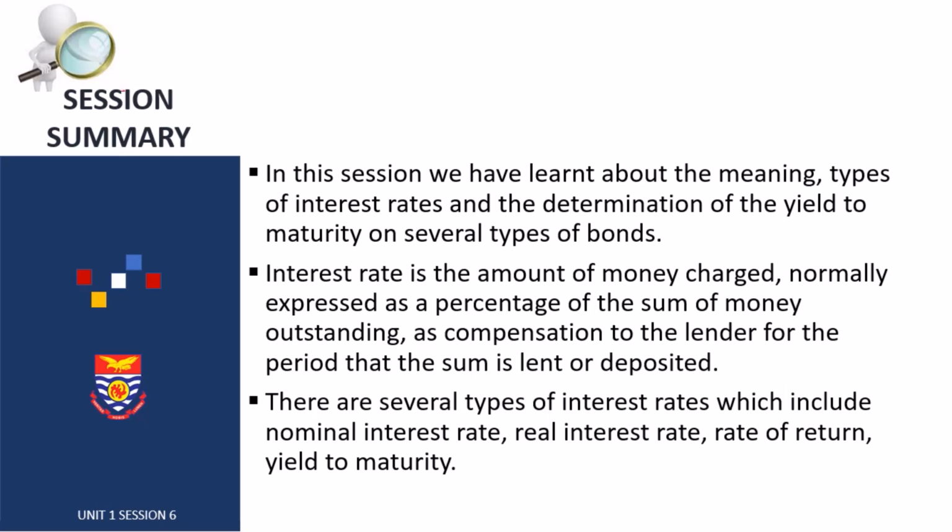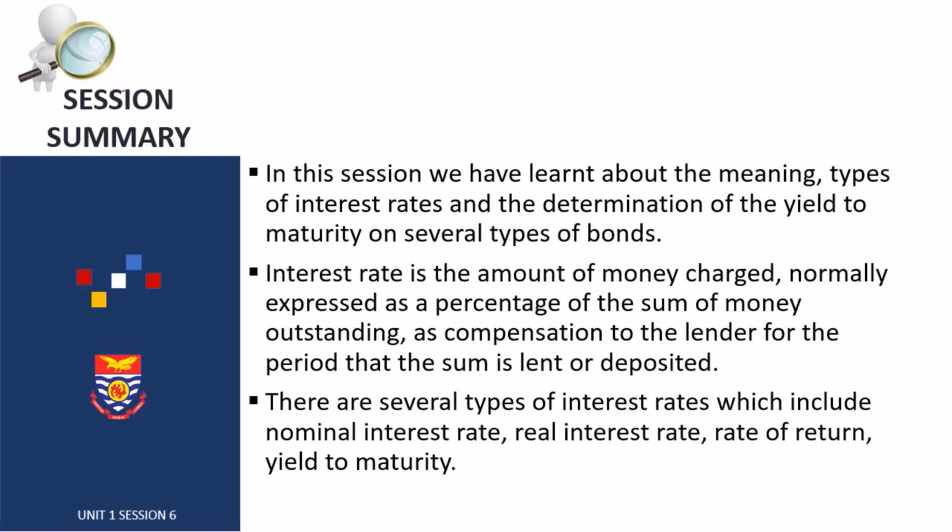All too soon, we've come to the end of session 6 of unit 1. In this session, we've learned about the meaning and types of interest rates. We've learned that interest rate is the amount of money charged, normally as a percentage of the sum of the money lent, and is a compensation to the lender for the number of years that the money is being given out.